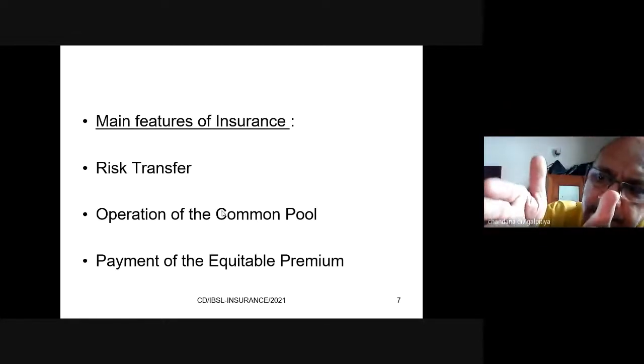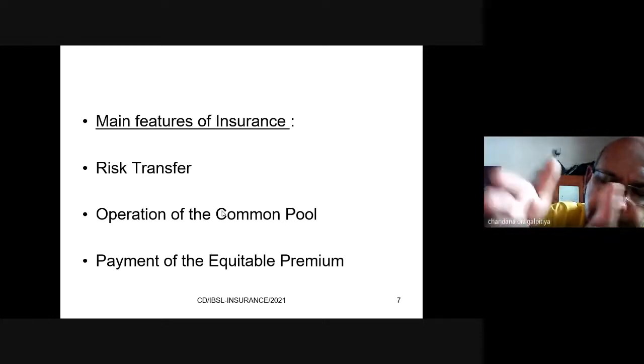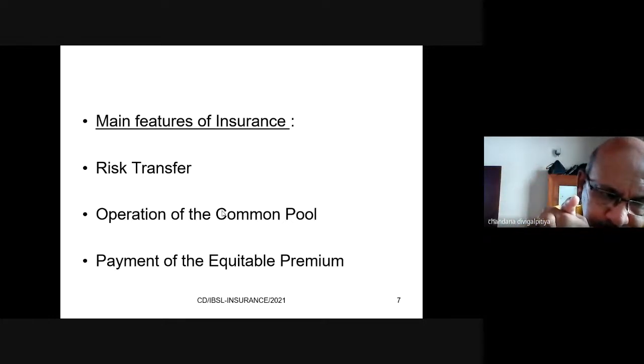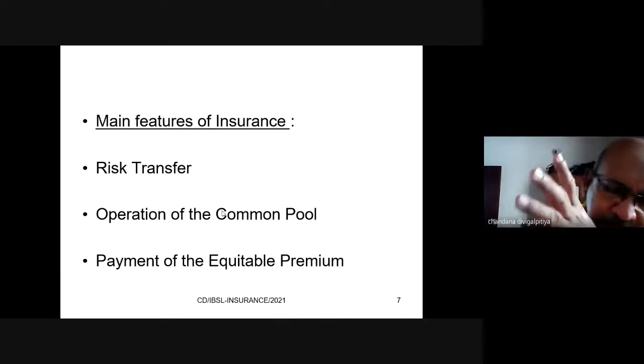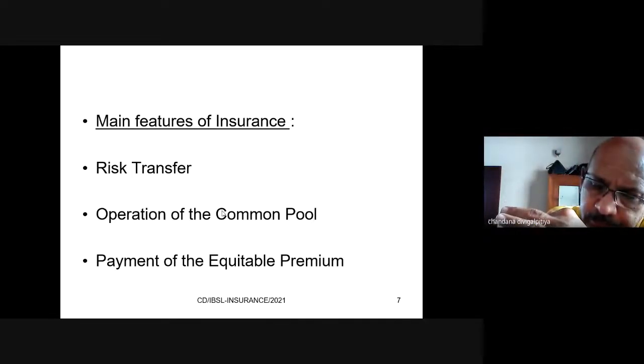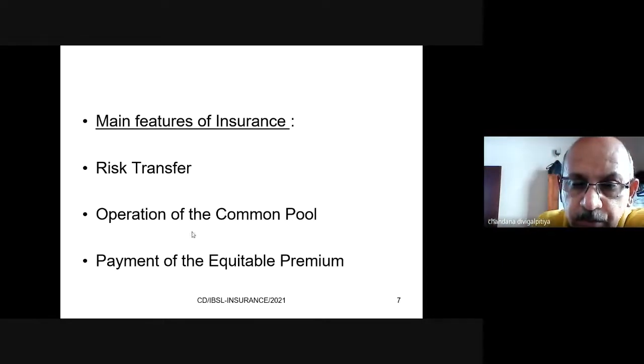Common pool is where the risk factors are common, you transfer to a pool. In life insurance, the common pool concerns a lot of people. Physically fit people, physically unfit people. Health-wise good people, health-wise impaired people. Or maybe laborers, clerks, CEOs, different people, common pool.